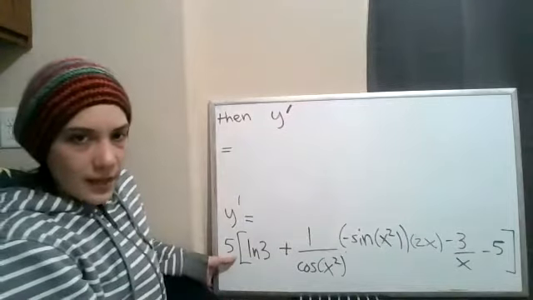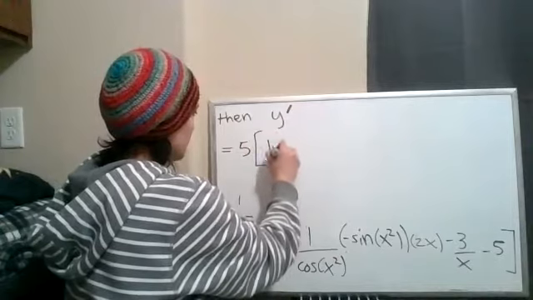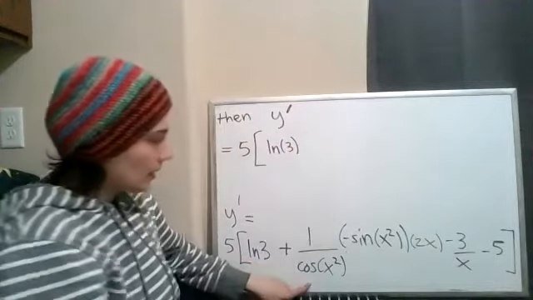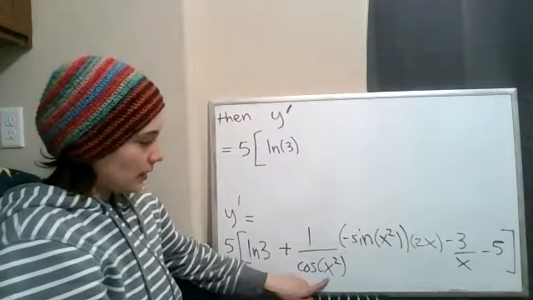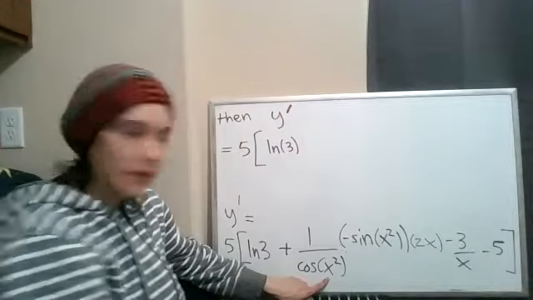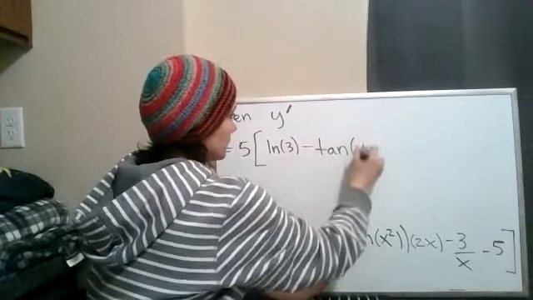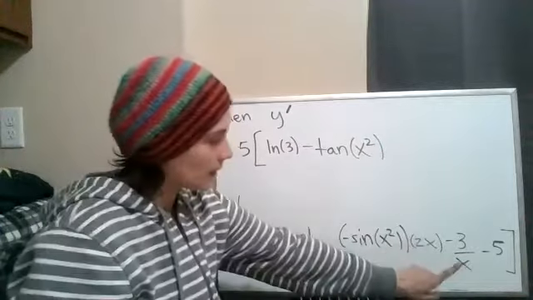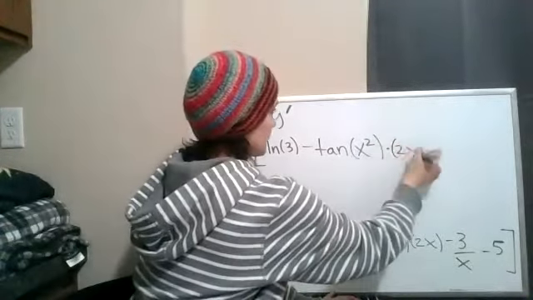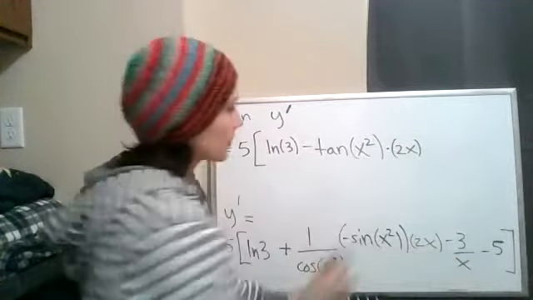So it's 5 times ln of 3, negative tangent of x squared, times 2x, minus 3 over x, minus 5.